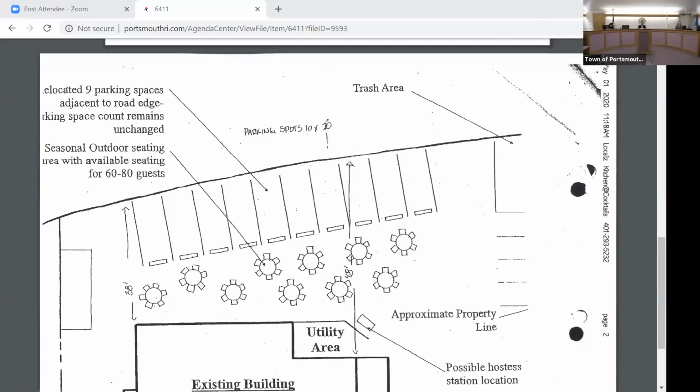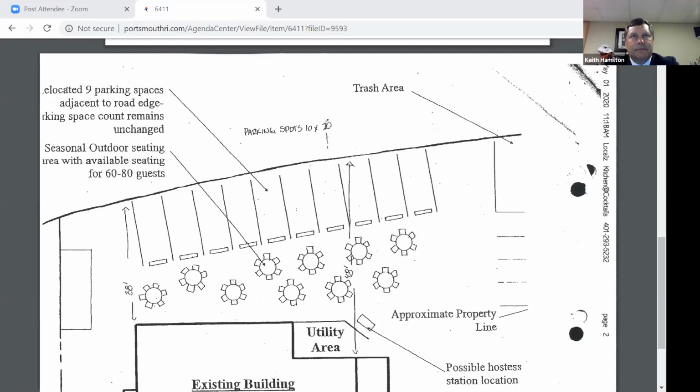So we have a motion and a second. All those in favor? Ms. Ujifuza? Aye. Ms. Abbott? Aye. Aye.